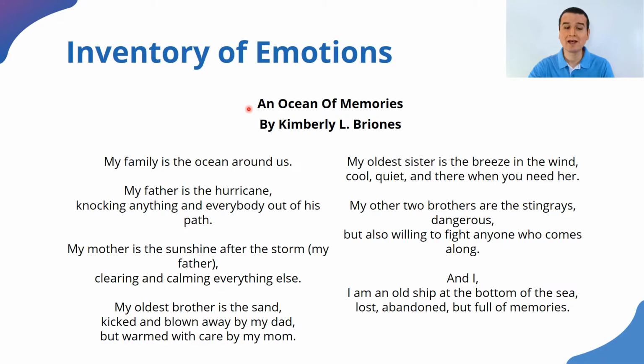An Ocean of Memories by Kimberly L. Briones. My family is the ocean around us. My father is the hurricane, knocking anything and everybody out of his path. My mother is the sunshine after the storm, clearing and calming everything else.